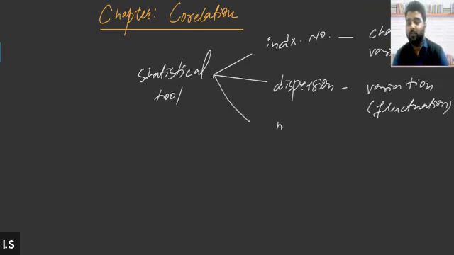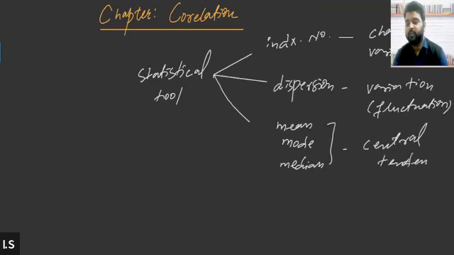Similarly, tools like mean, mode or median are used to determine the central tendency, or the average, of a statistical series. So every tool has a different use. Index number has a different use, dispersion has a different use. Every tool has been designed to help us determine different things.